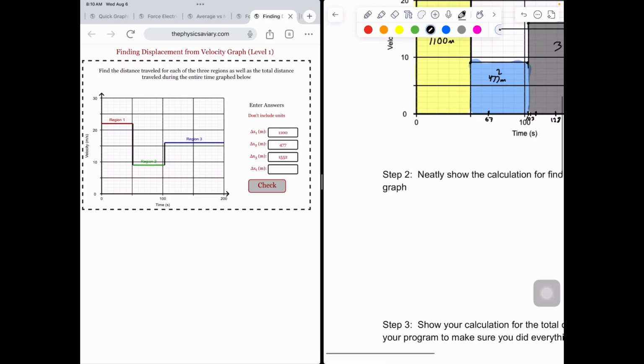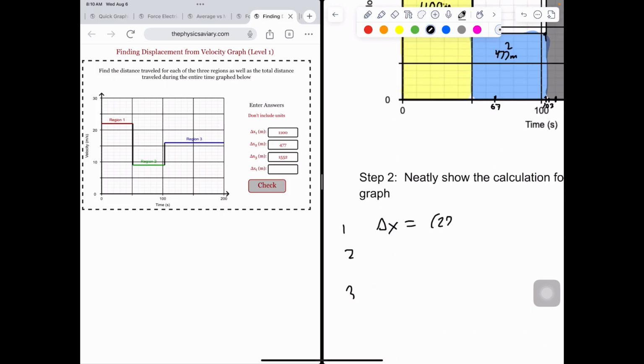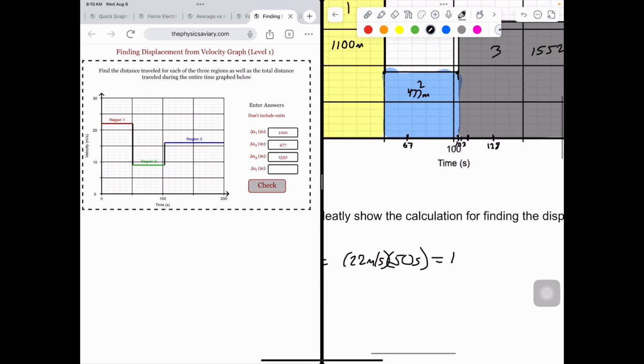So you've got to have your region 1, 2, 3. For region 1, the displacement was 22 meters per second times 50 seconds, which gave me 1,100 meters.